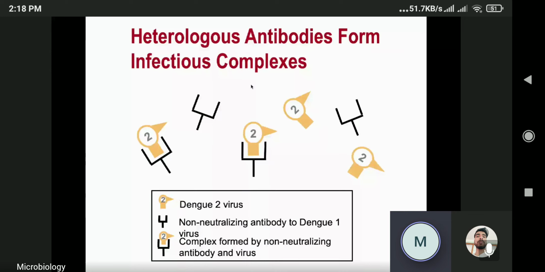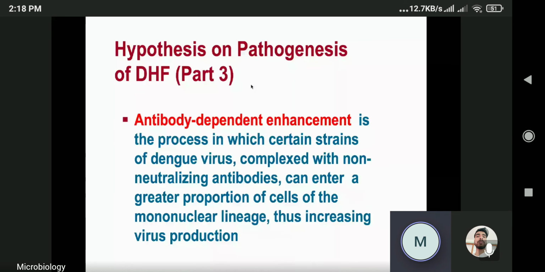That is heterologous. It will not be protective. But instead, this antibody binds to the newer strain and activates its rapid multiplication. So that's why more virus will be produced, which results in more severe clinical conditions.